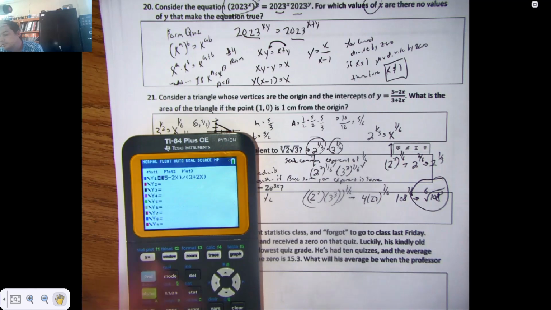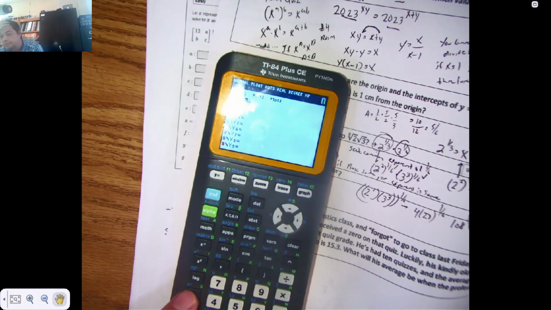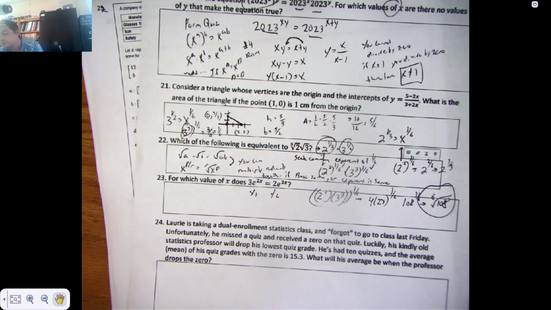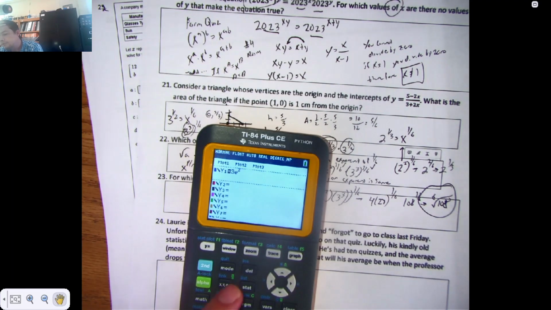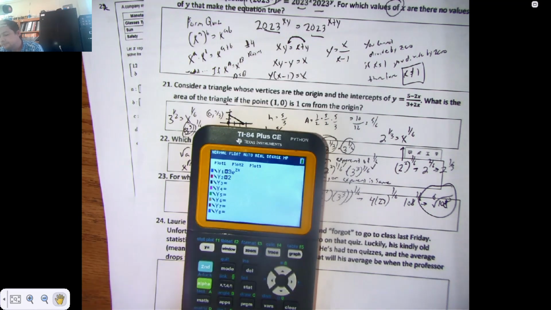So y equals 3 to the e. There is an e key. It's down here at the ln button. Second ln, that is raised to the 2x. The other guy is 2e to the 3x.